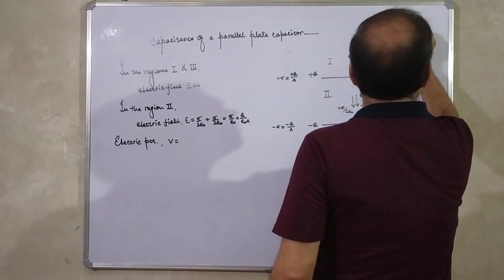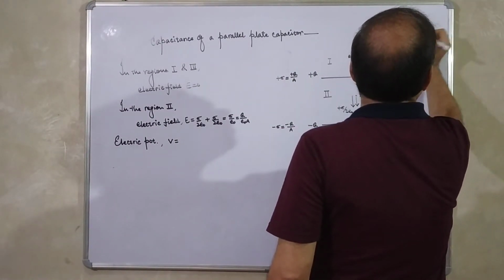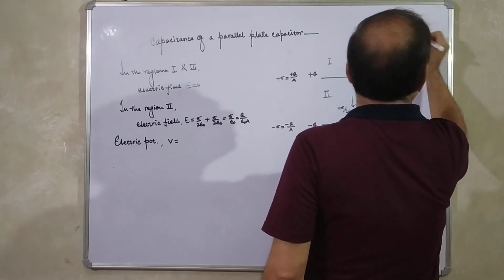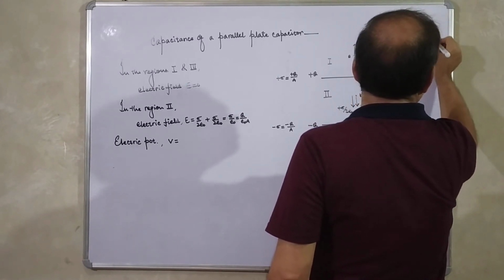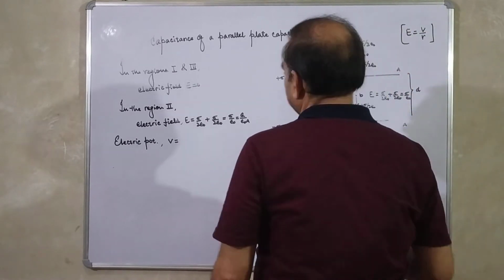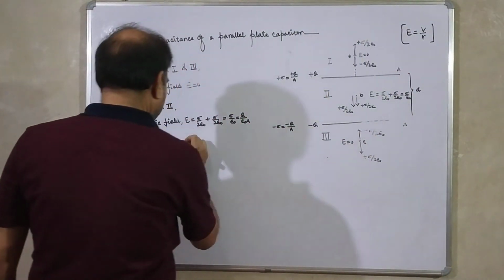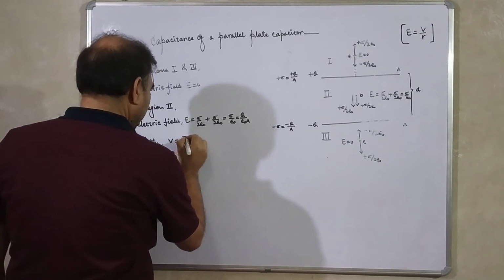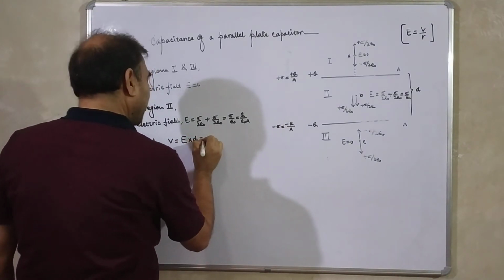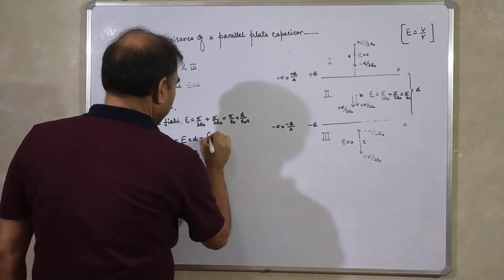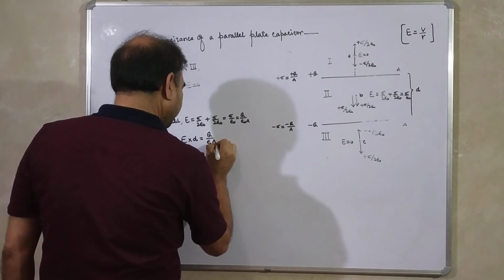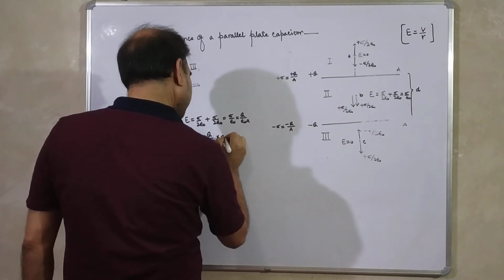Electric field is equal to dV by dr, or simply you can write here V by R. Means potential difference is equal to electric field multiplied by distance between the plates. The electric field is E and distance between the plates, that is D. Put the value of E, that is equal to Q by epsilon naught A into D.